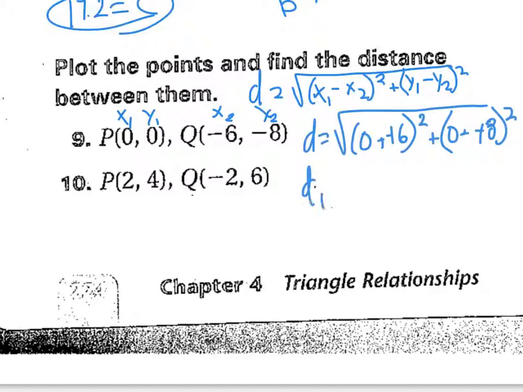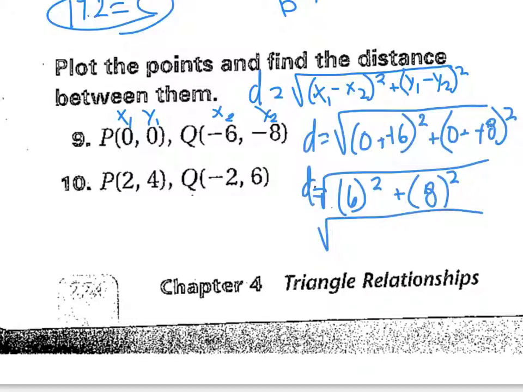So my distance now is going to be 6 squared plus 8 squared. 6 squared is 36, plus 8 squared is 64.